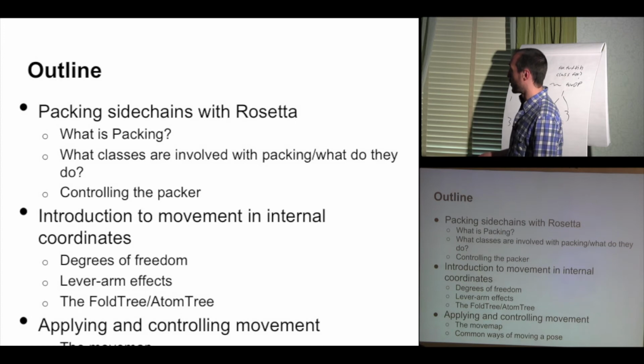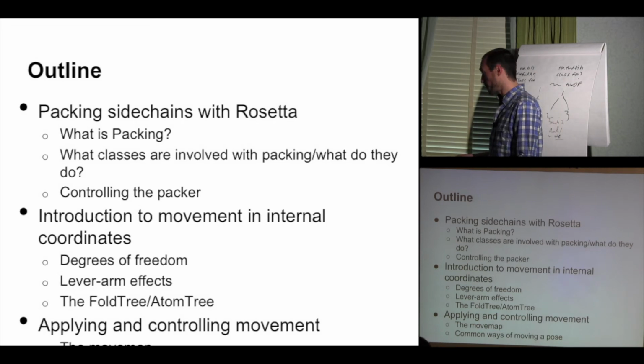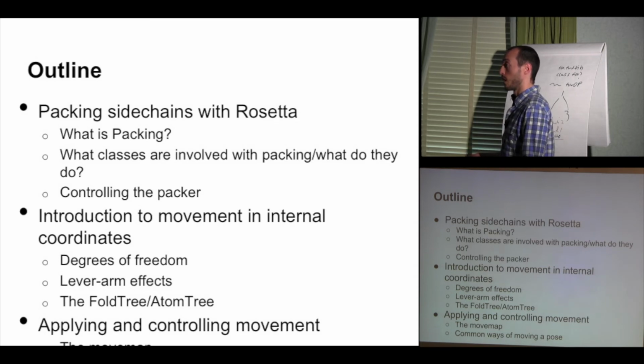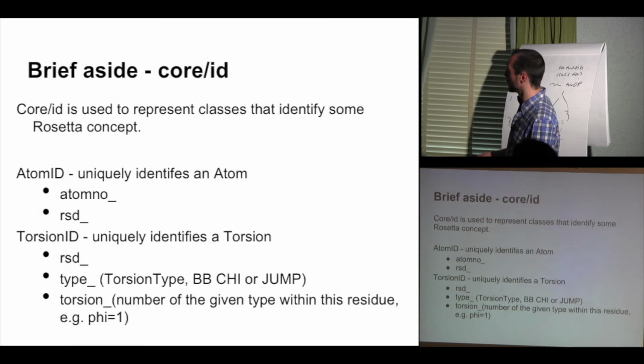Okay, so that was my brief introduction to internal coordinates, and now the last thing we're going to do is talk about controlling movement. Specifically, we're going to talk about the MoveMap, and then some common ways you modify a pose or move a pose.